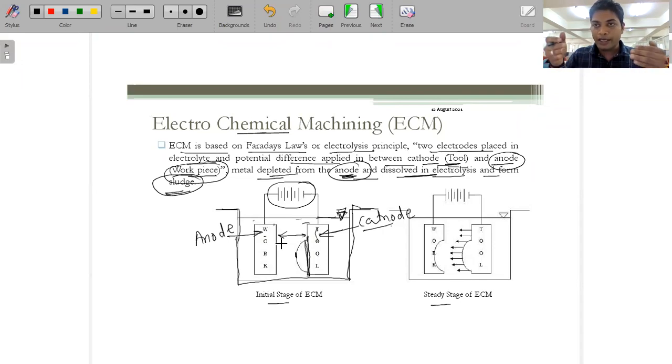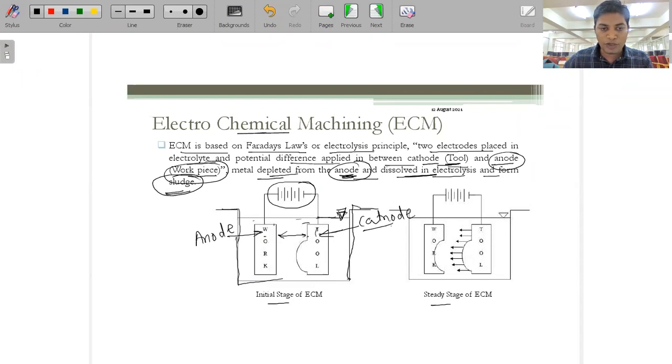After that, as you reduce this gap, the resistance increases, and because of the resistance the material starts depleting from the workpiece surface. So what is happening if, instead of taking a plate, we take this type of shape, for example.